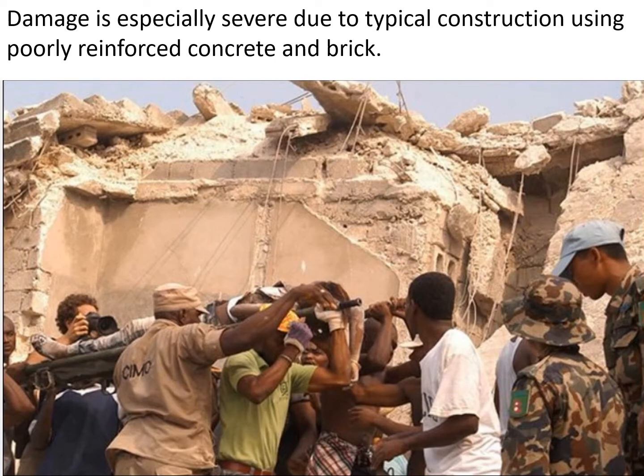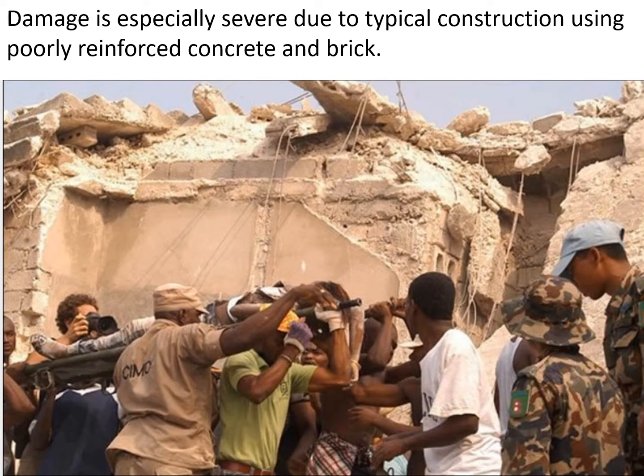Now, revisiting the quality of construction issue. If we look at this wreckage here, we can see that this is actually at least a 2-story building. More than that probably, because we can see remnants of some stairs up there going up to another level.